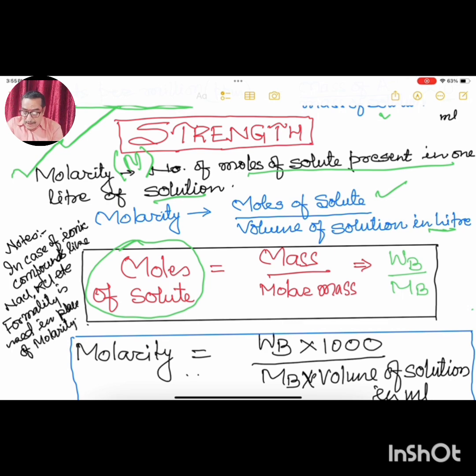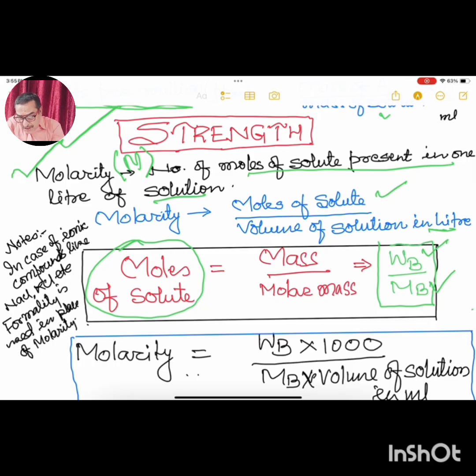Moles is the mass upon molar mass, as we study in detail in class 11th also. The mass of the solute is denoted by WB, and the molar mass of the solute is denoted by MB.